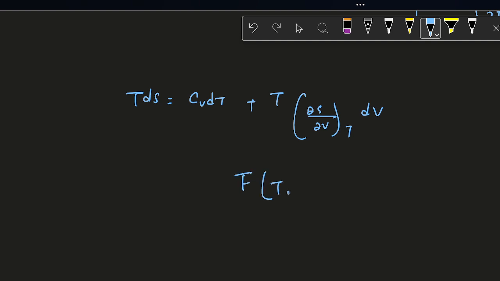So Helmholtz energy is generally a function of T and V. This is Helmholtz energy, sometimes called a potential, or Helmholtz free energy you can say. Helmholtz free energy.